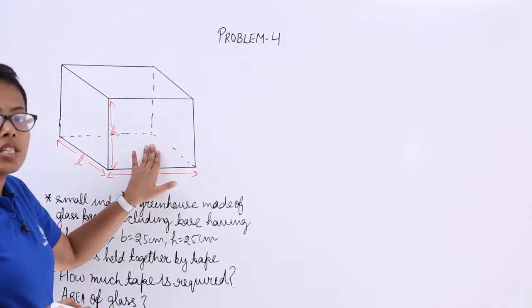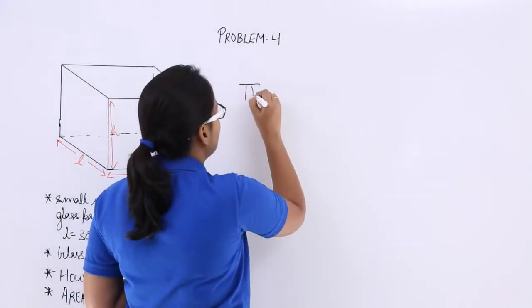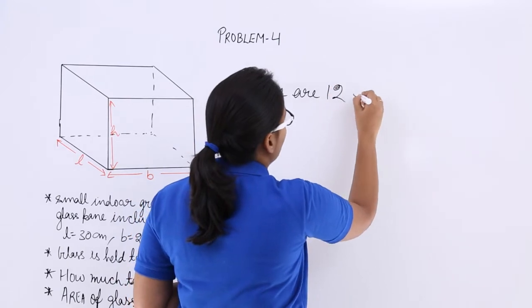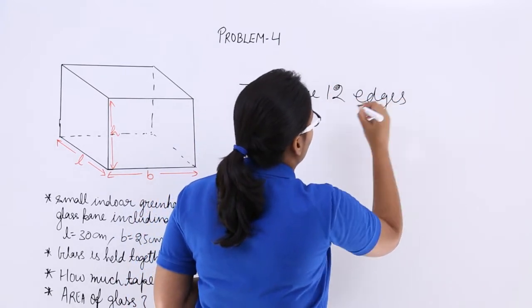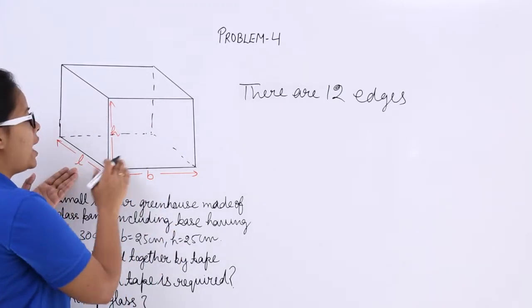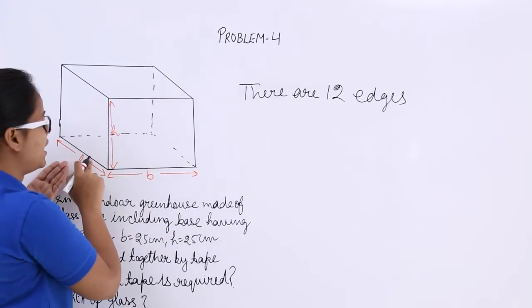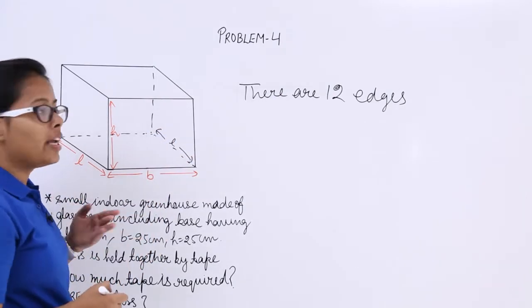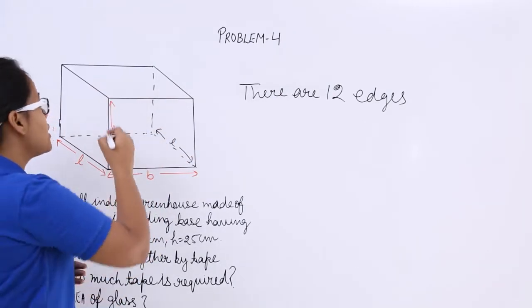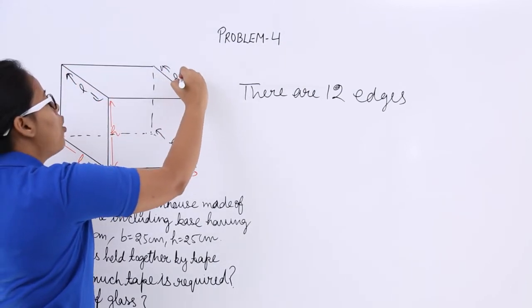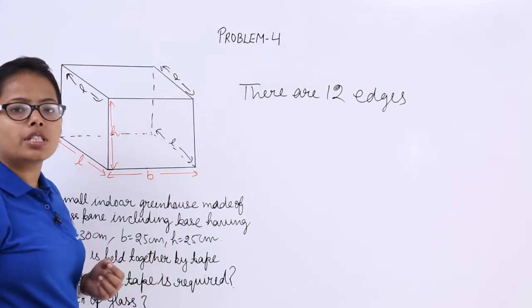So how many edges are there in a box? There are 12 edges. How? You can see here. You know that in the bottom face, this side is of length L and this side is also of length L. And on the topmost face, this side is L as well as this side is also L. So what can you see here?